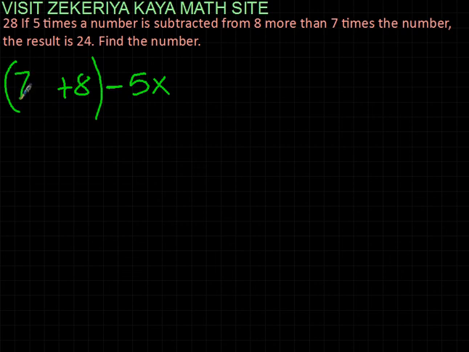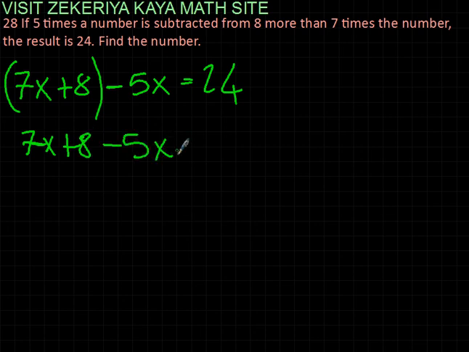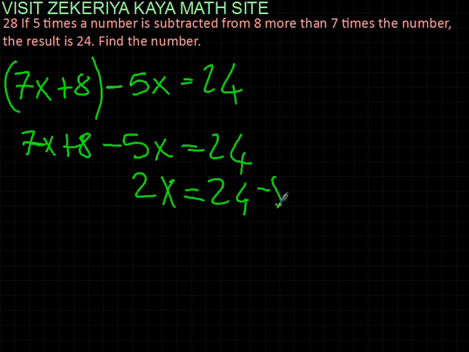The number was x, 7 times the number makes 7x. And the result should be 24. So let's cancel the parentheses directly. There is no problem before the parentheses. It will be 7x plus 8 minus 5x is equal to 24. 7x minus 5x will be 2x. If you send plus 8 to the other side, it will be minus 8. So 2x is equal to 16, 1x is 8.